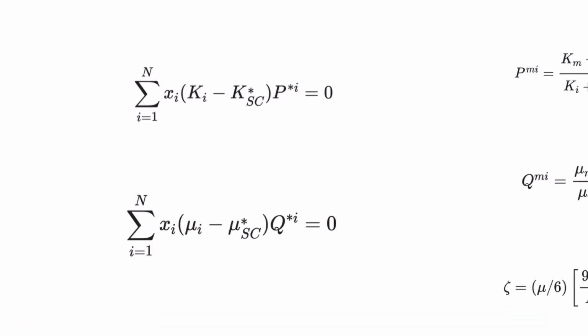After knowing the minerals that we want to model and the volumetric fraction of each mineral, we will calculate the effective bulk and shear modulus, which in this case are represented by K_SC and mu_SC.